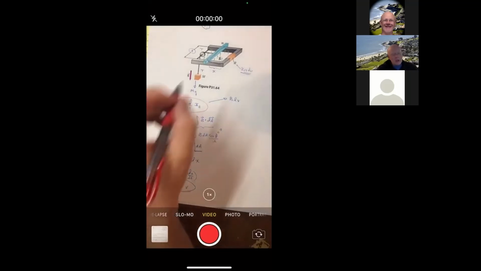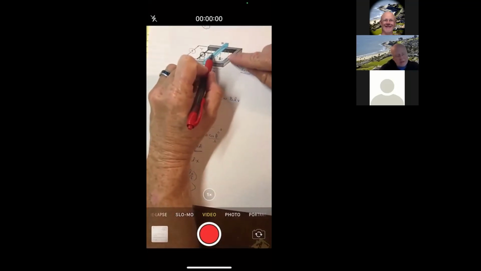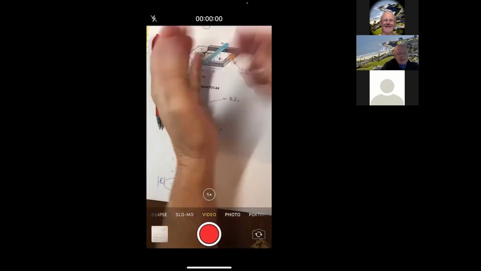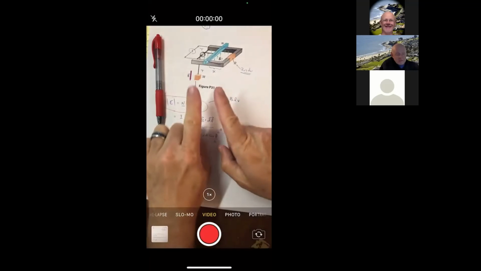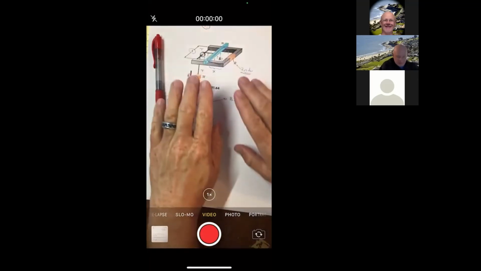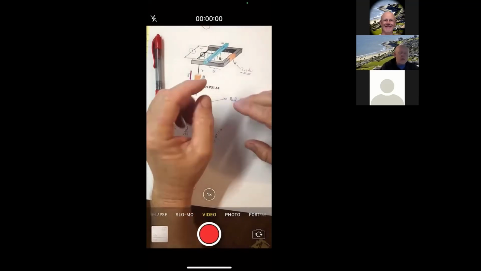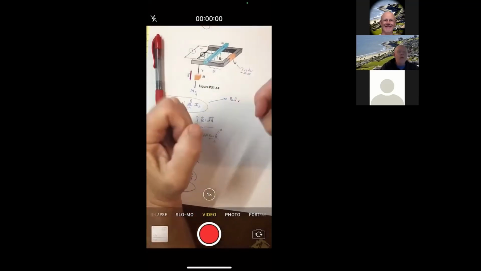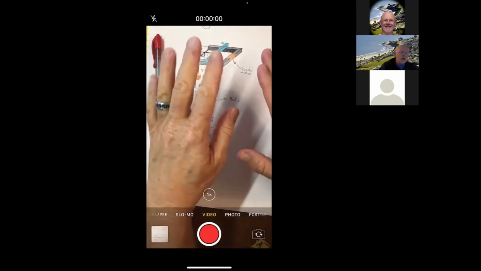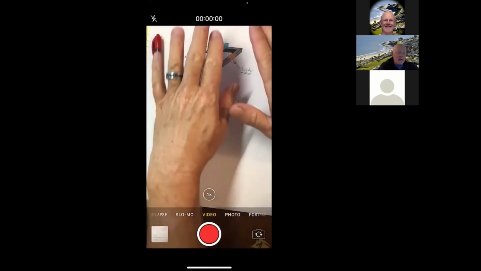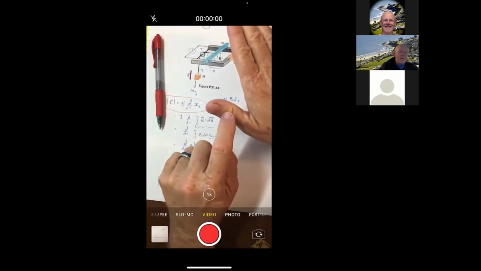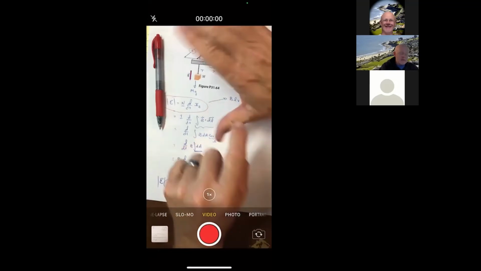All right, so as this is moving out, we are getting in this rectangle more and more flux pointing upward. So that's an increase in upward flux. So the secondary flux, that is the flux created from the current, would be opposing that change. So since more is trying to go up, we would create a flux, I'm going to use my thumb, down.